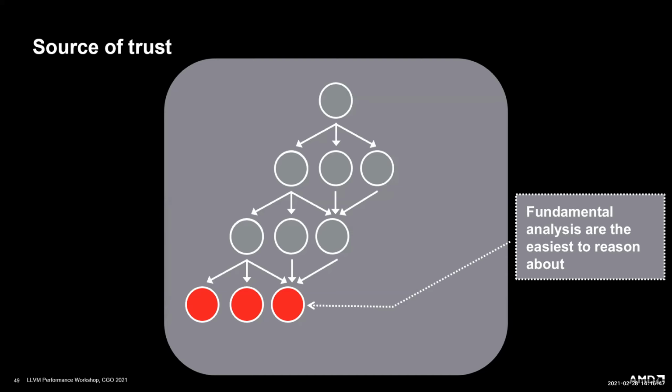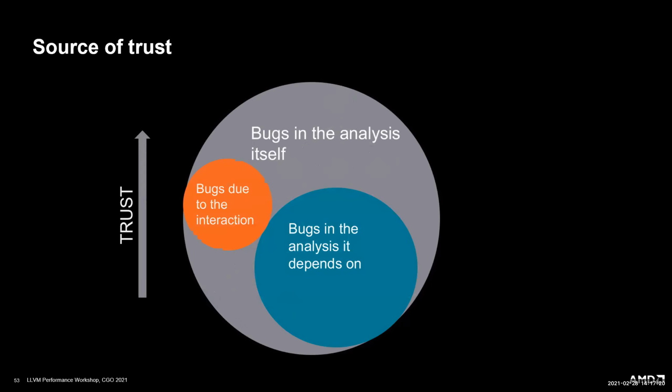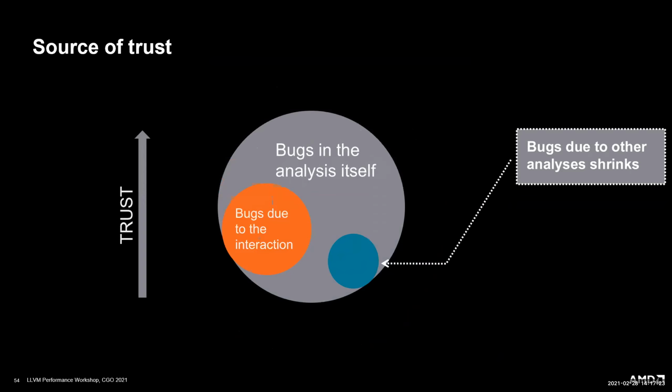Then we can move upward and do the same for other analyses, by not just looking at them, but by trying different techniques to find as many bugs as we can, so that we can keep moving upward and increase our focus more towards the interaction bugs. As we increase our trust and go up, we can say that the bugs due to other analyses should shrink.